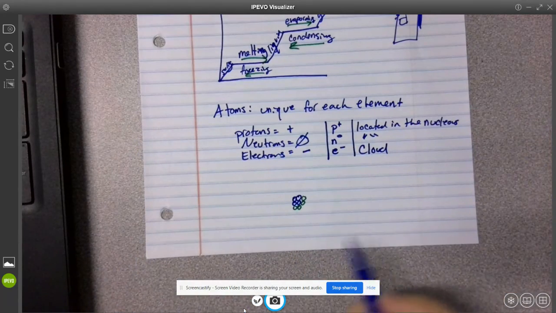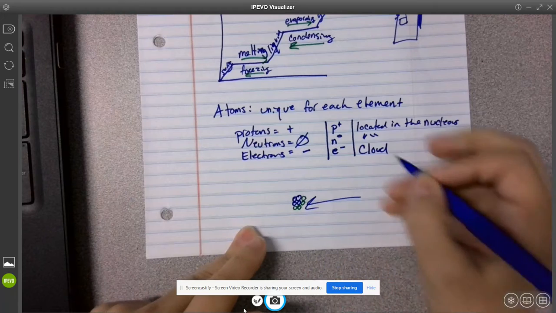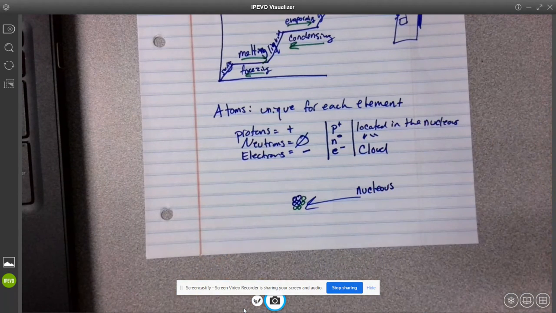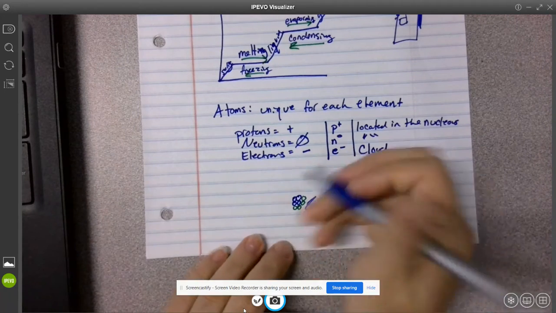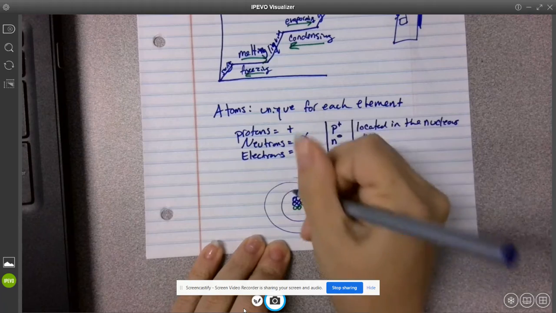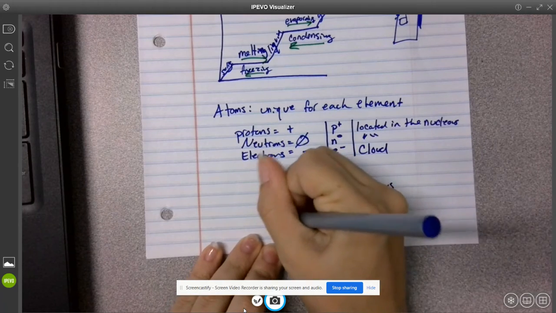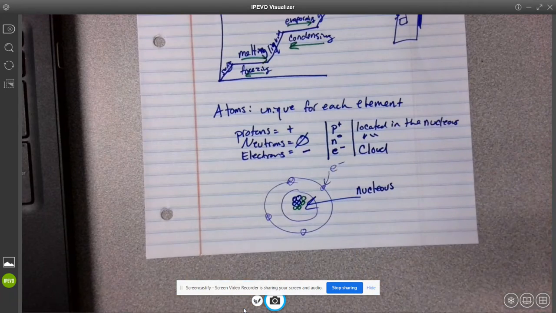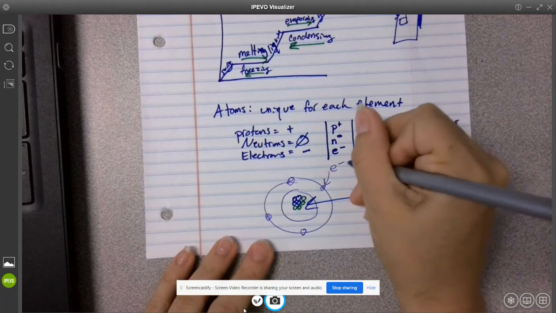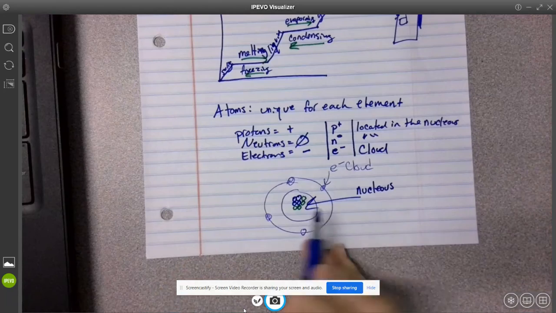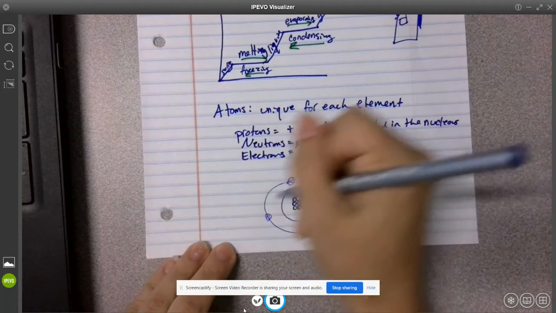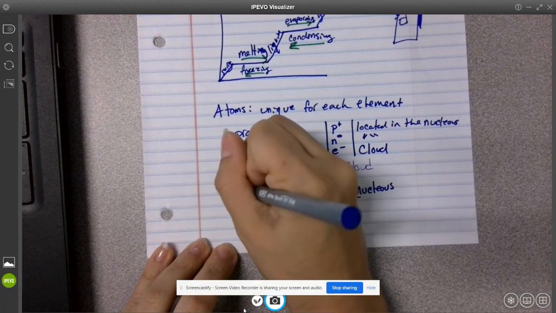So I'm going to have my nucleus here in the center. And then I will have an orbit where our electrons are located. That would be our electron cloud, where our orbits are. And this is our basic outline for an atom.